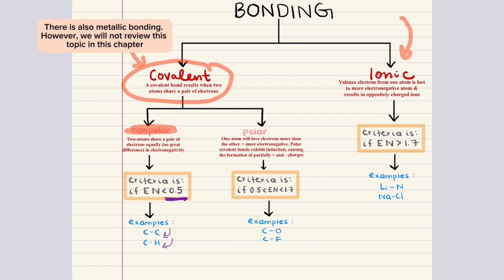On the other hand, if the electron pair is shared unequally, then that bond is polar. The criteria here is an electronegativity difference between the two atoms forming a bond that's somewhere between 0.5 and 1.7. Examples include carbon bonded to oxygen or carbon bonded to fluorine.